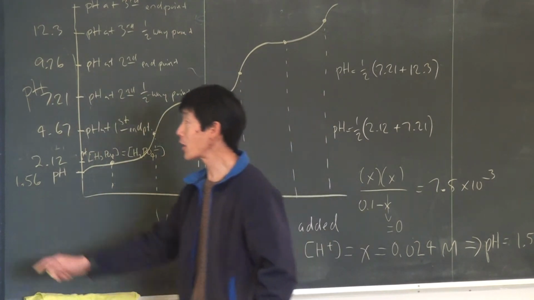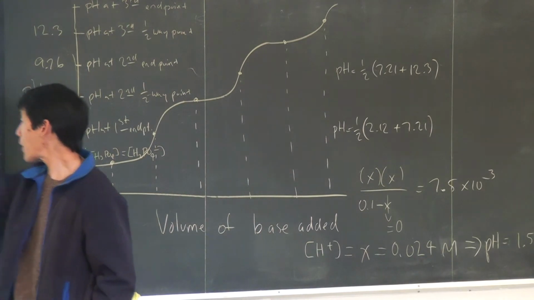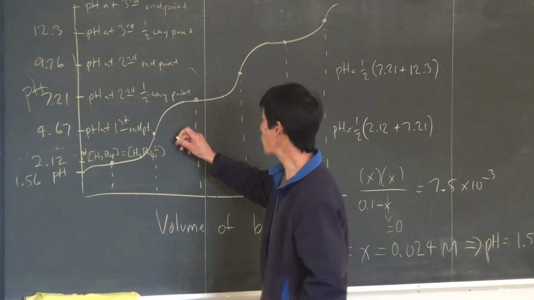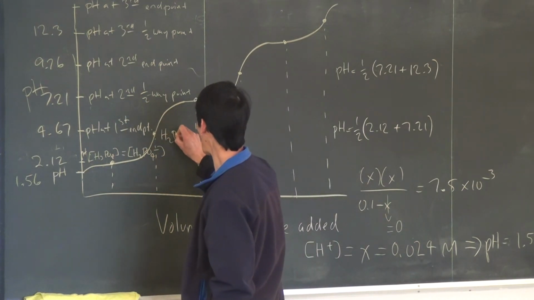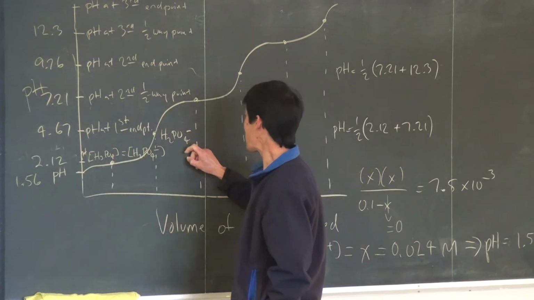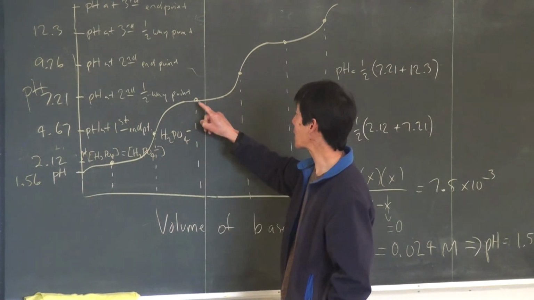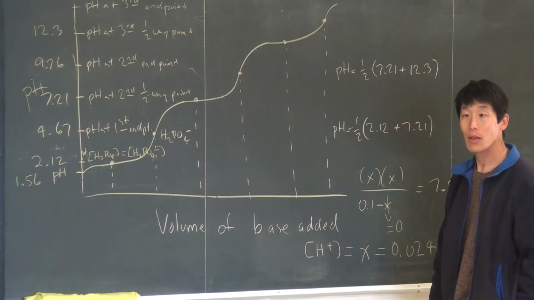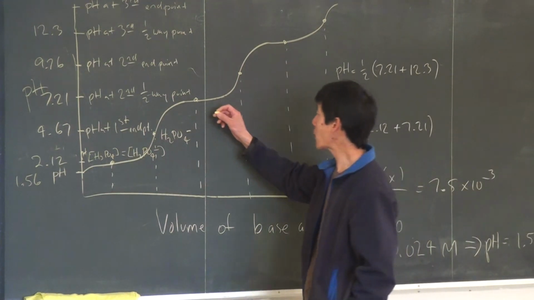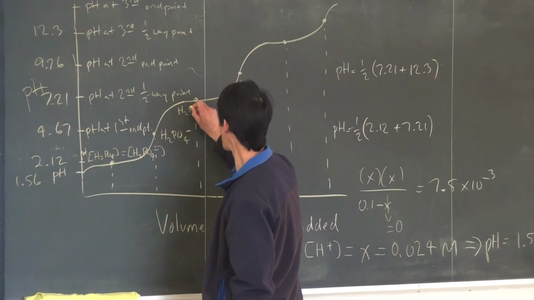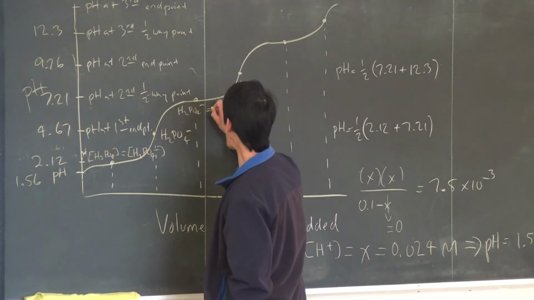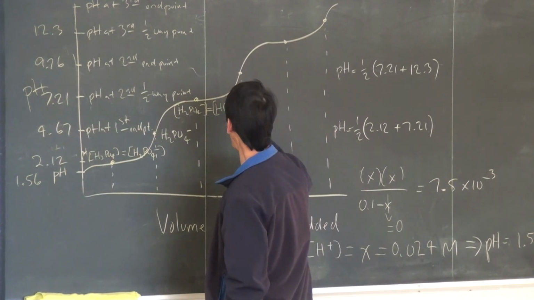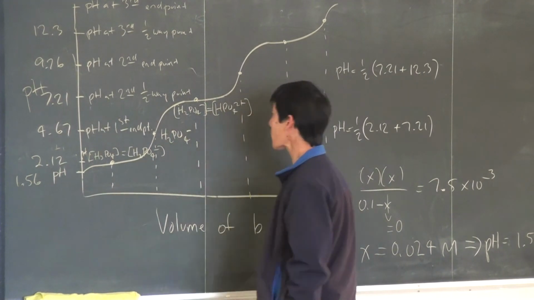Okay, it says here only A minus is present, so the A minus at this point is going to be H2PO4 minus. We continue to add hydroxide ion, so at the second halfway point, what substances are going to be present? Yeah, we're going to have H2PO4 minus, and that concentration is going to equal HPO4 2 minus.